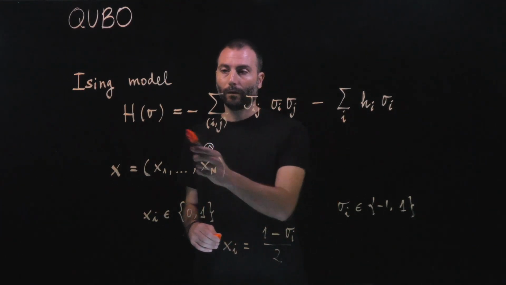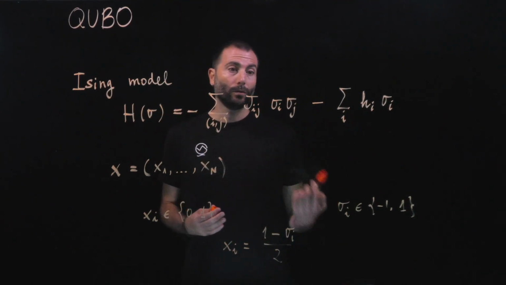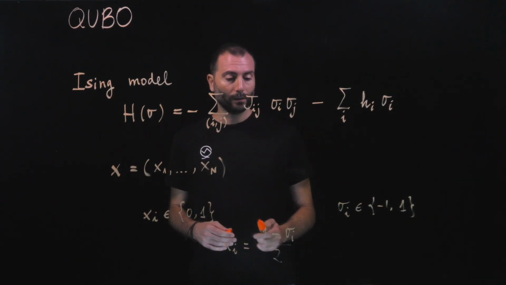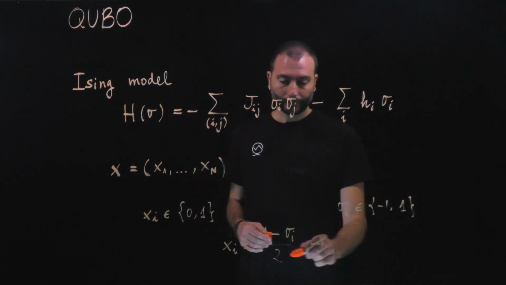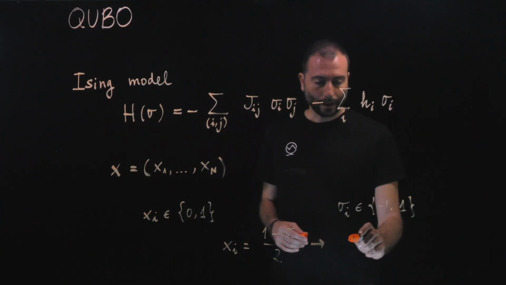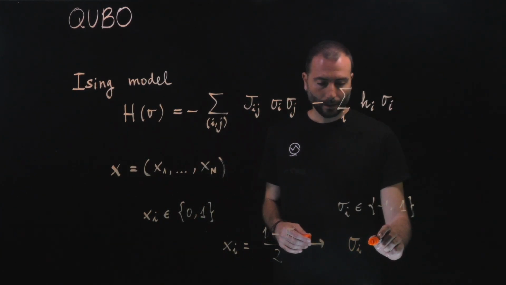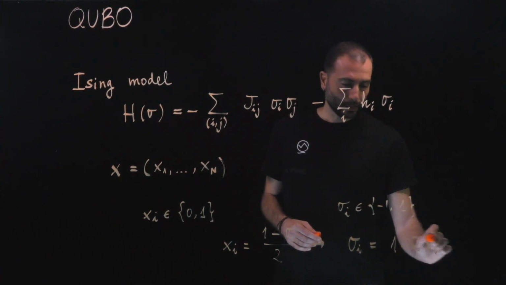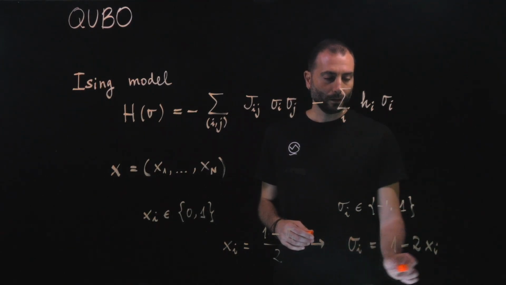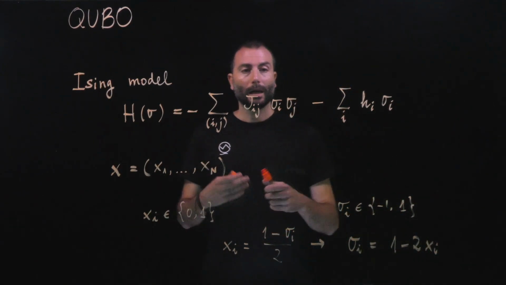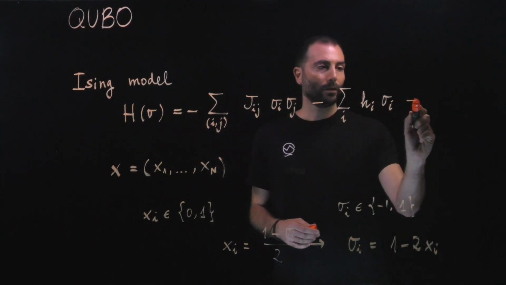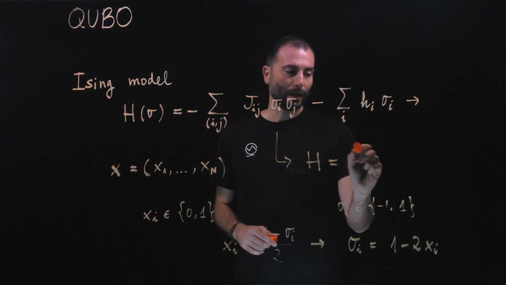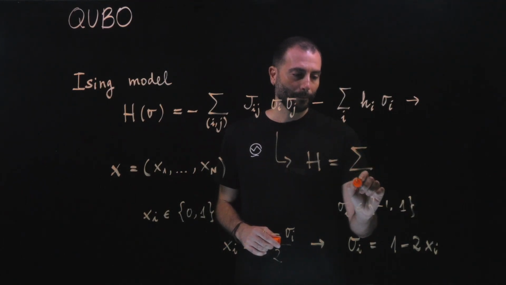In this case, we can go from the Ising Hamiltonian to the QUBO problem, but we could do the operation the other way around, so it doesn't matter. So we see that from this equation, sigma i is equal to 1 minus 2 xi, and if we substitute these variables in here and arrange things, we will notice that we will be able to write it as a QUBO problem.